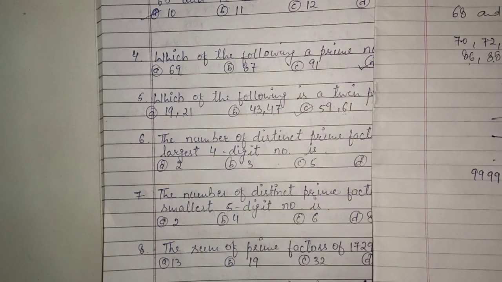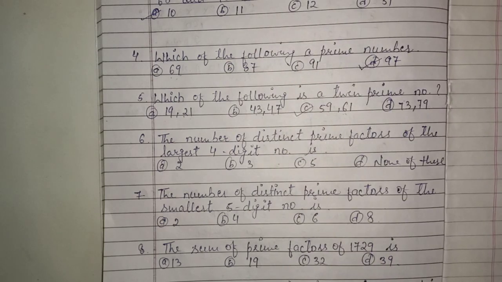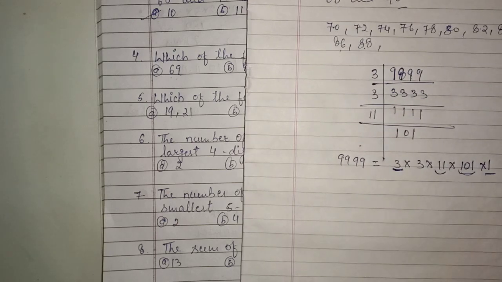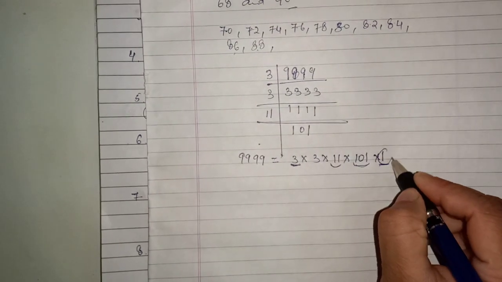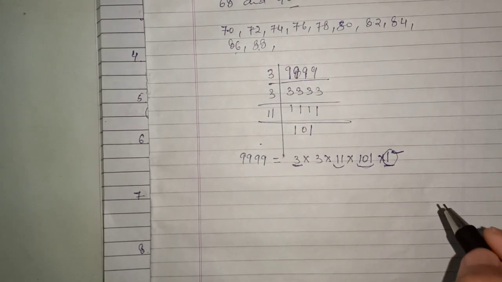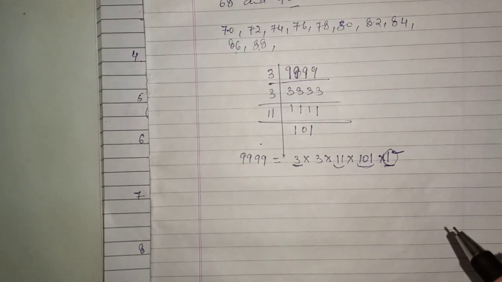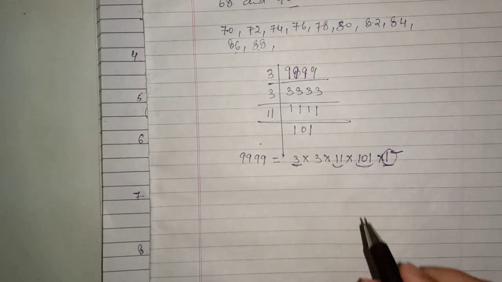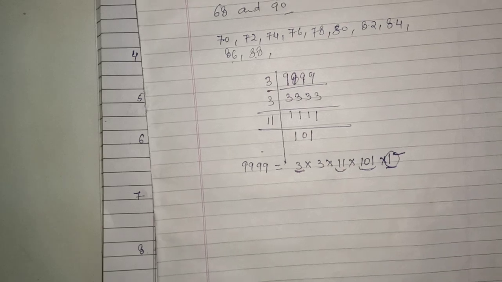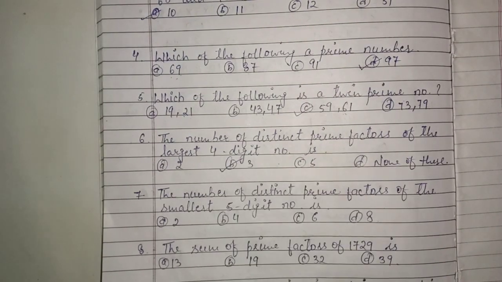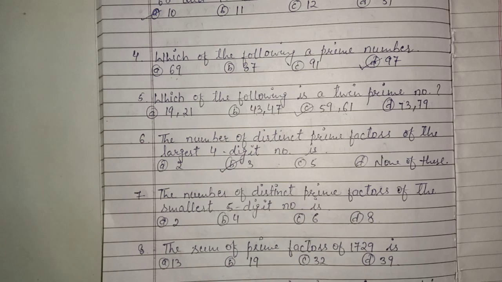And student, here we will not consider 1 because 1 is not a prime number. We can only consider it when we are calculating the factors. So simply, here we have 3 distinct prime factors: 3, 11 and 101. So our option number B is correct.